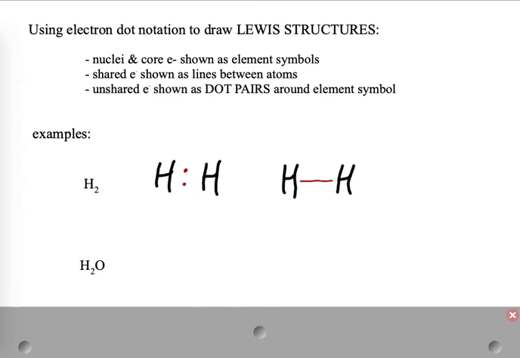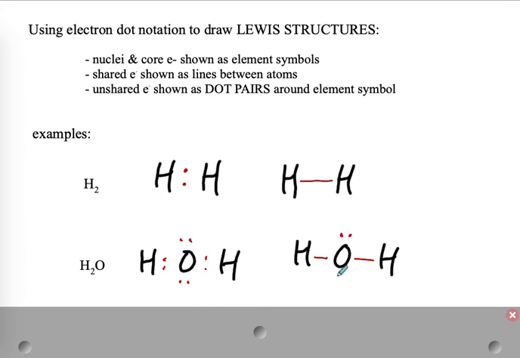In the water molecule, each hydrogen has 1 valence electron, oxygen has 6, for a total of 8 valence electrons. I can show the two OH bonds as shared pairs of electrons. I have 2 more valence electrons. They are placed on the oxygen atom as lone or unshared pairs to satisfy oxygen's octet, or preferentially using lines, I will show the 2 OH covalent bonds as lines, each of which represents a shared pair of electrons.